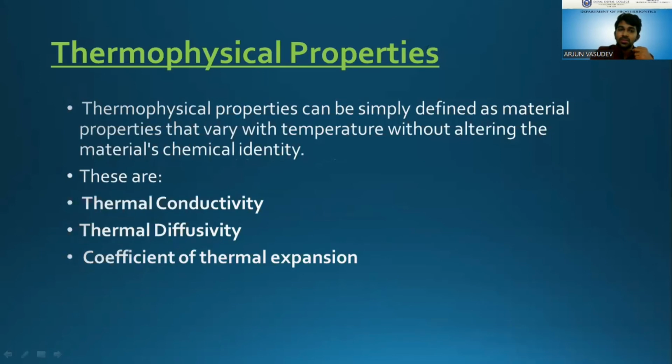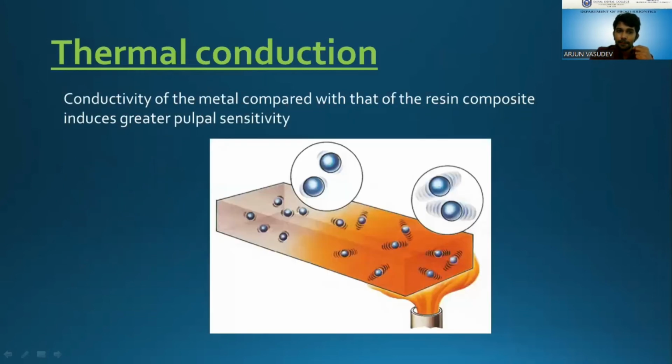Now, thermophysical properties. Thermophysical properties can be simply defined as material properties that vary with different temperature without altering the material's chemical identity. These are thermal conductivity, thermal diffusivity, and coefficient of thermal expansion. Now, thermal conduction. Thermal conductivity of a material compared with that of resin composites induces greater pulp sensitivity.